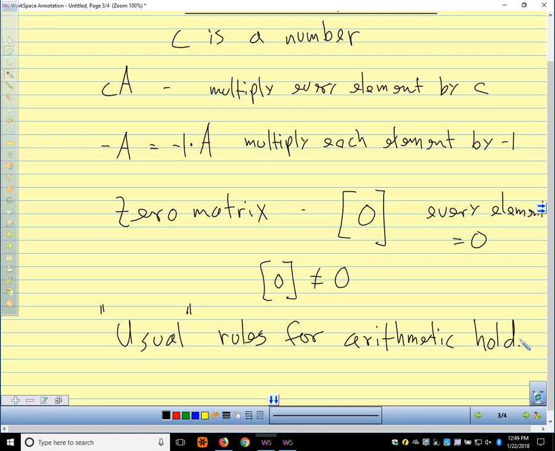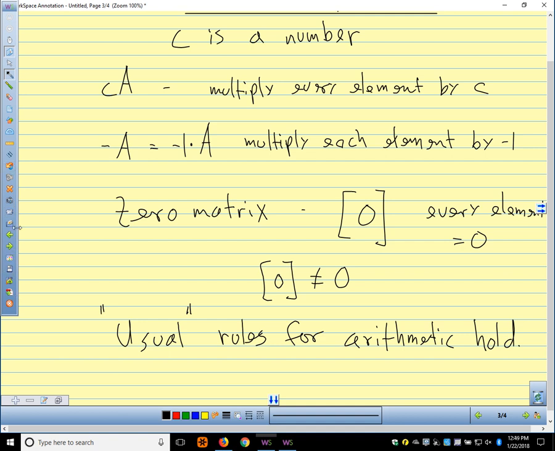We can group them. We can put parentheses and multiply, distribute when we multiply by a scalar. All those usual rules hold. So with these rules that we have so far with addition, subtraction, scalar multiplication, we can actually do some matrix algebra.